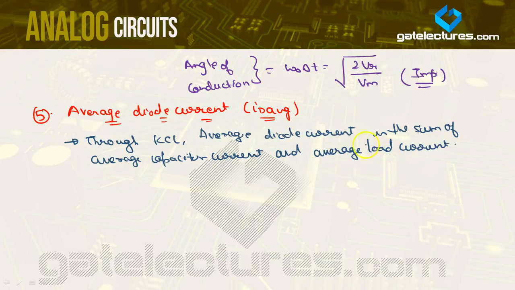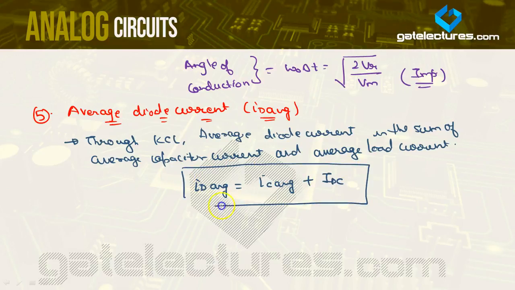Clear? In the previous case, your average diode current was equal to the average load current. So ID average is equal to IC average plus IDC.